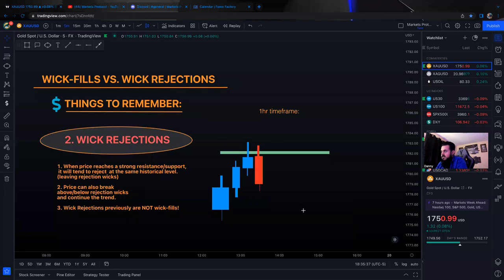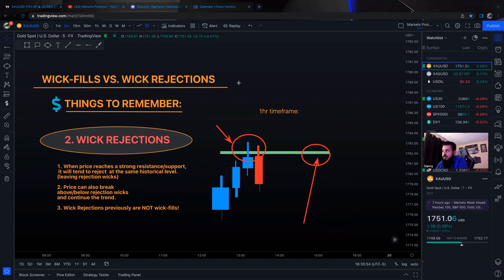So what do you expect when price comes back up to this resistance? Once again, you have resistance formed here historically. When price comes back up to this resistance again, what do you expect? You could expect a rejection.